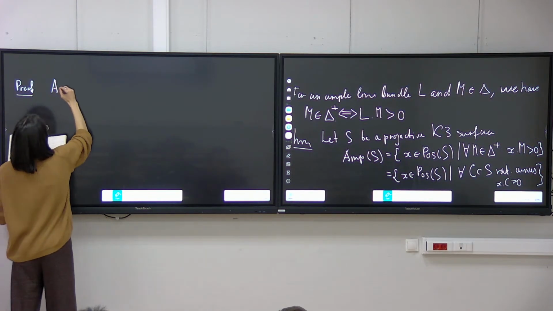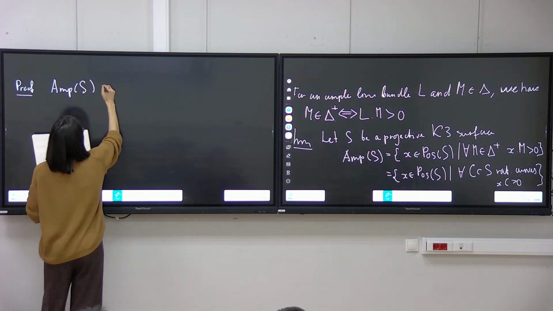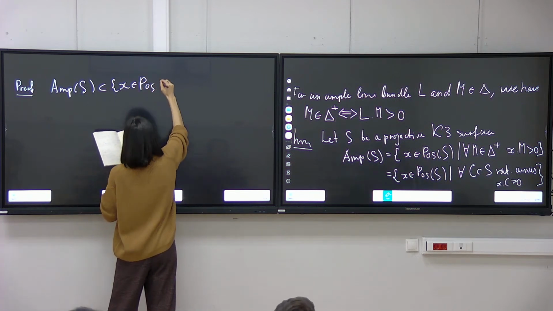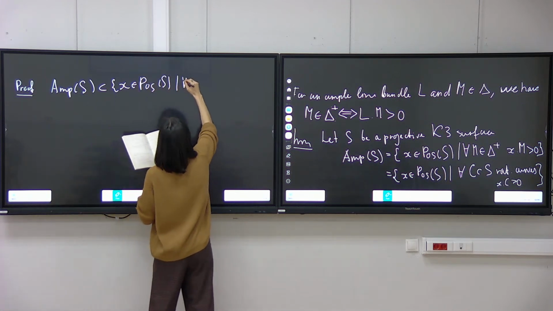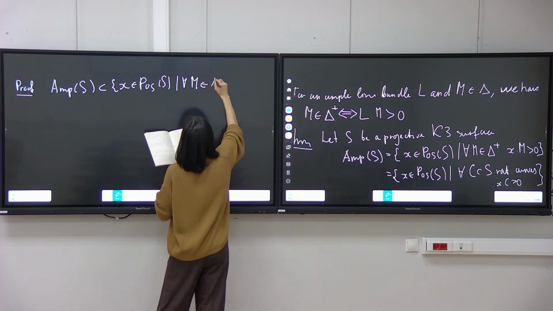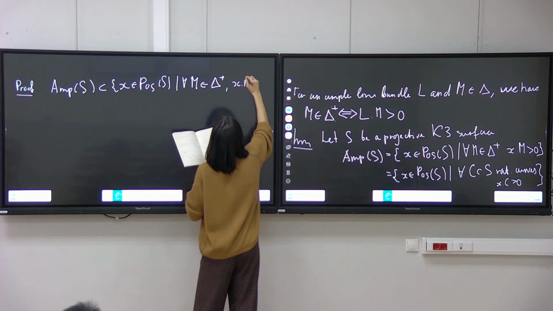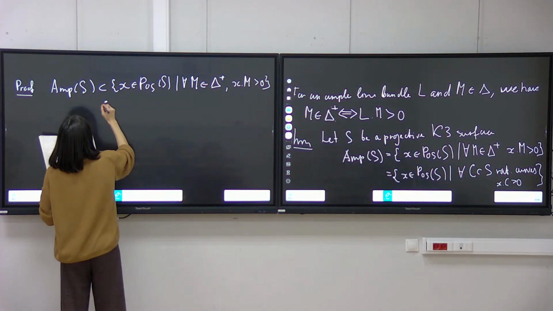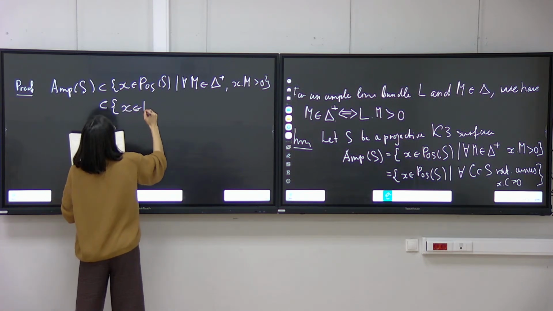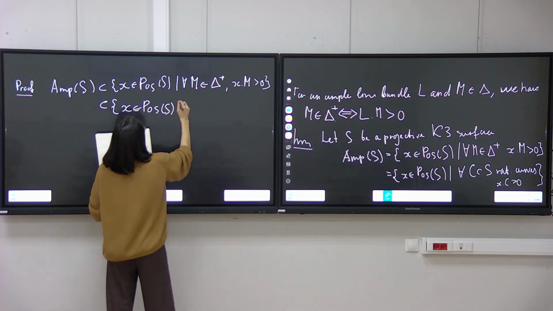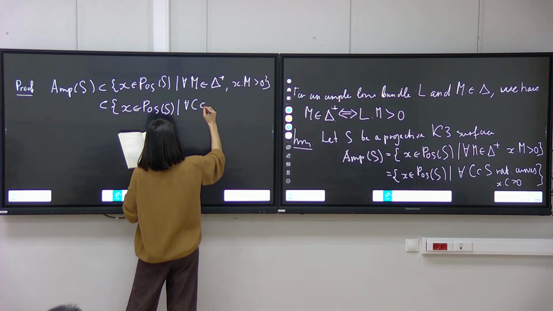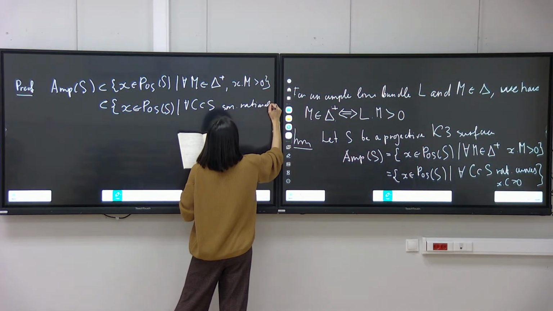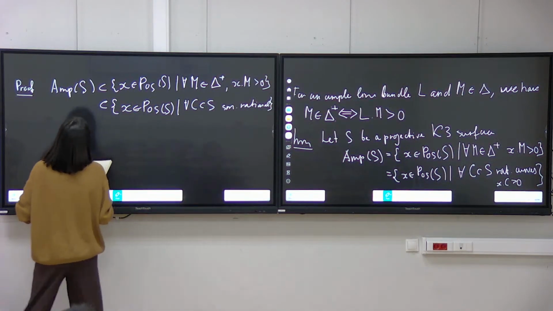So of course we have an embedding, and this is an embedding of smooth rational curves.